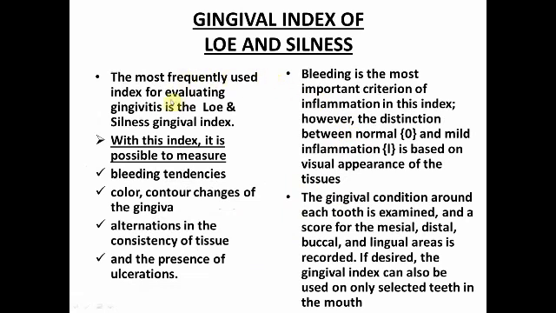The most frequently used index in evaluating gingivitis is the Löe and Silness gingival index. Bleeding is the most important criterion of inflammation in this index. The gingival condition around each tooth is examined and the score for mesial, distal, buccal, and lingual areas is recorded.